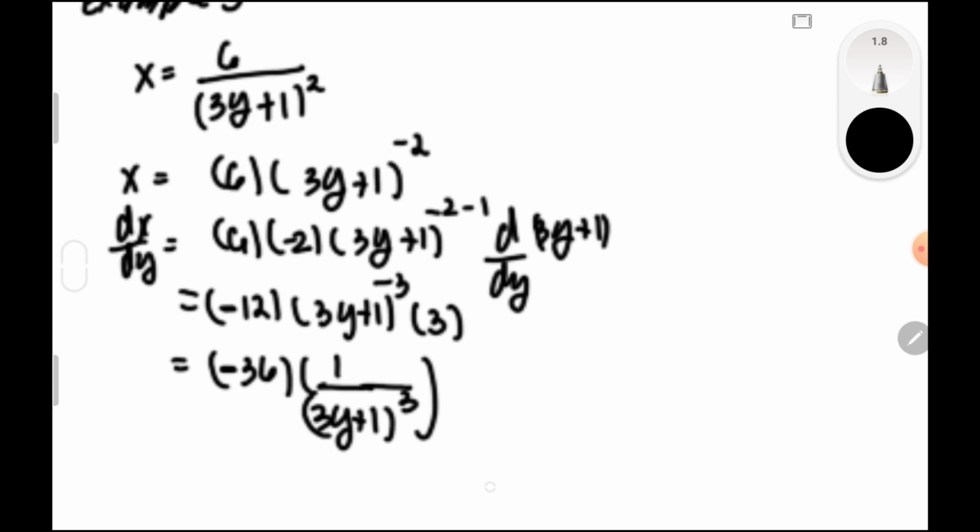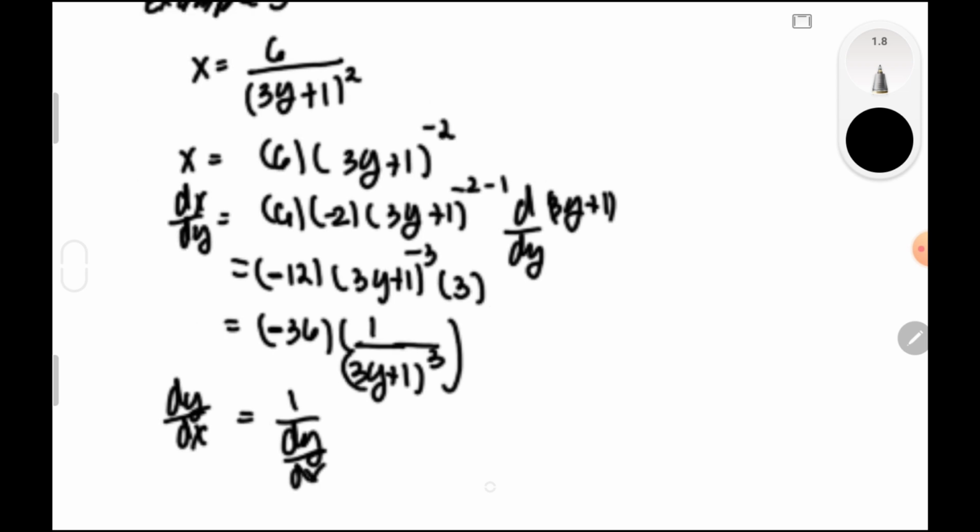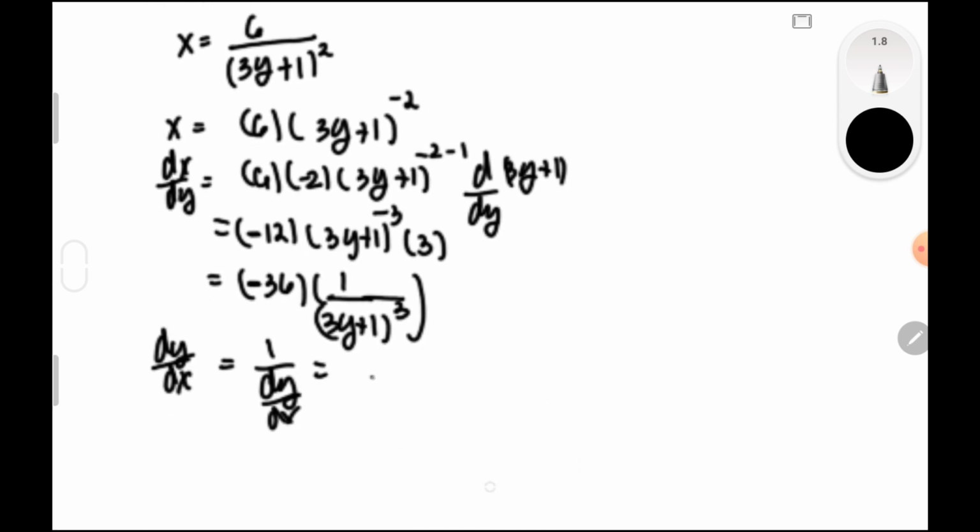So from this we'll have a value equal to our dy over dx, which is equal to 1 over dx over dy, which is 1 over negative 36 divided by 3y plus 1 raised to 3.